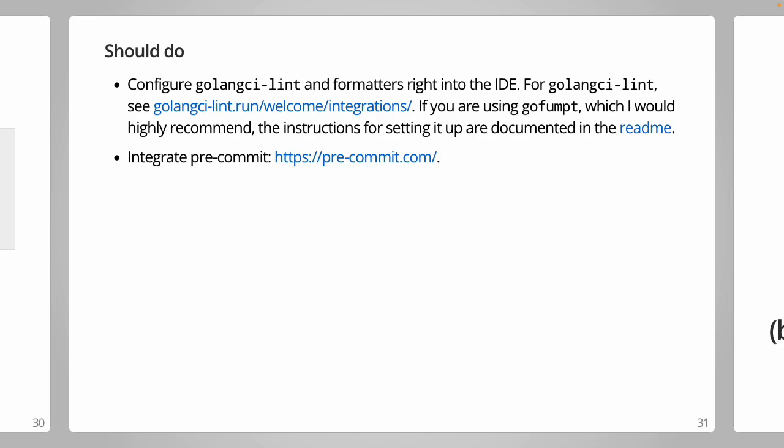Most editors like IntelliJ and VS Code actually have native support for this linter. So you should definitely do that. That way you will get feedback right when you are working on something. And also, if you are using a different formatter apart from GoFMT, then you should ensure that even for that, you set up the linter integration, editor integration.